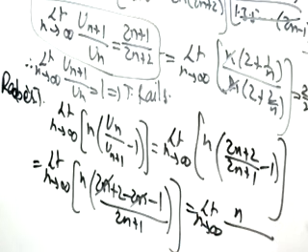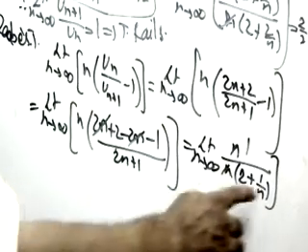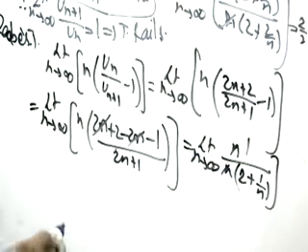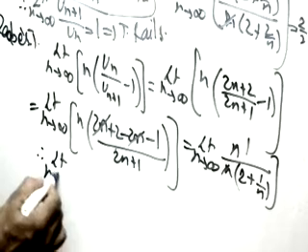Limit n tends to infinity, n divided by, let me take n common, 2 plus 1 by n. This n will get cancelled. Now if you substitute infinity, 1 by infinity is 0, 0 plus 2 is 2, so 1 by 2 will be the value, therefore less than 1.